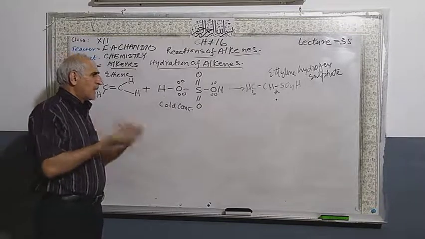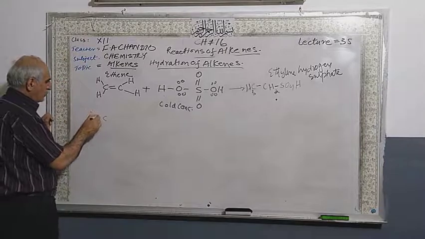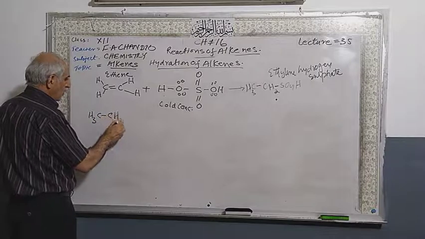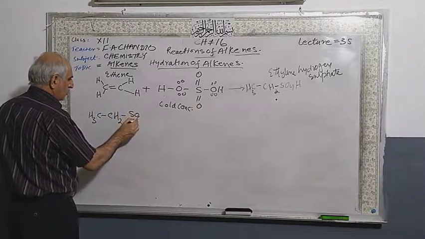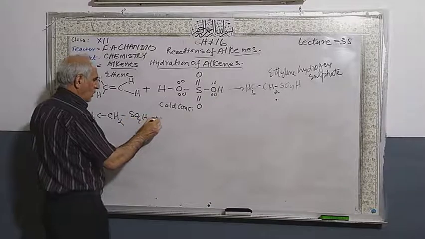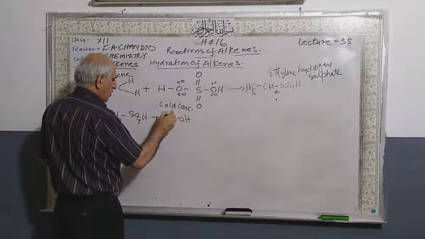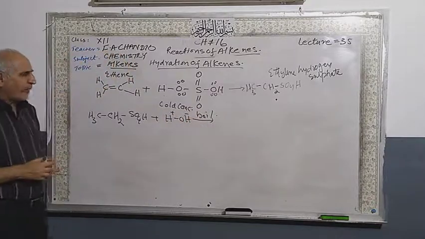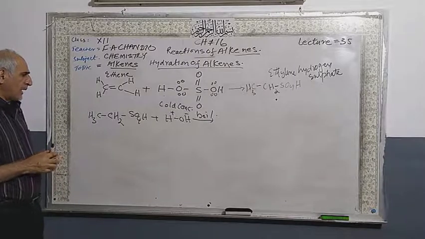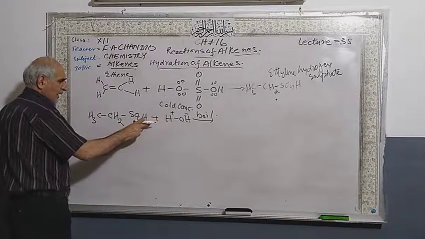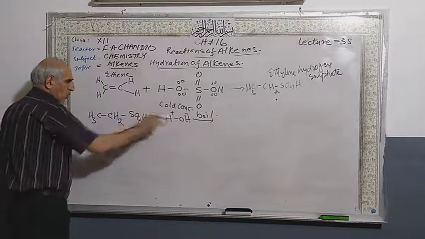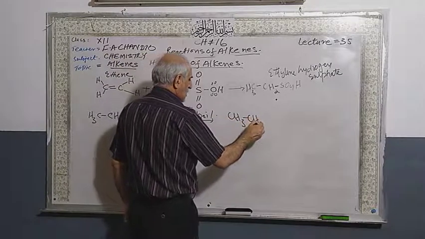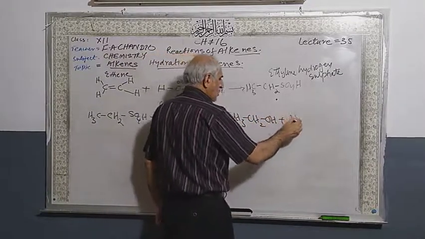Then in the next step, this ethyl hydrogen sulfate is boiled with water. The hydrogen will be added again here to make sulfuric acid, and OH is added to give alcohol. The alcohol is prepared, so you can prepare alcohol by using this method.